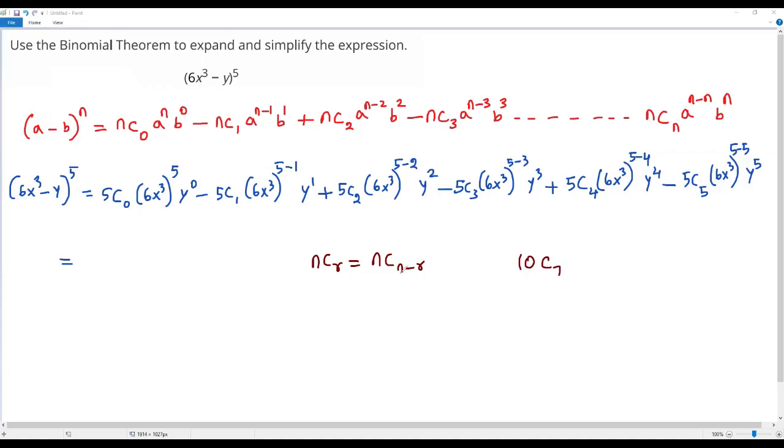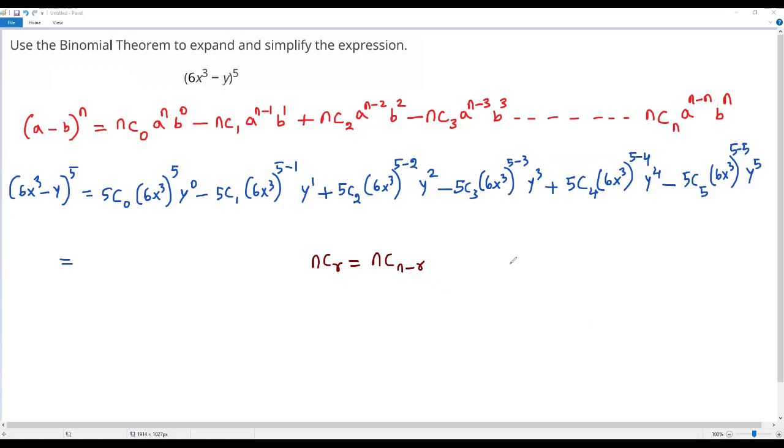If I use the property over here in this combination 10C7, what will happen? 10C(10 negative 7), that is 10C3. So the result of this combination and this combination are equal. So when I use the property in this combination 10C7, the value of r has been decreased. So if there is a chance to decrease the value of r, the calculation process will be easier. In that case only we have to use this property. Otherwise we should not use this property.